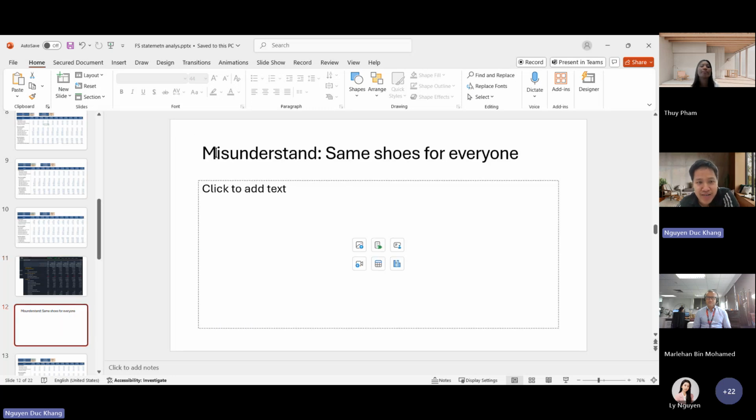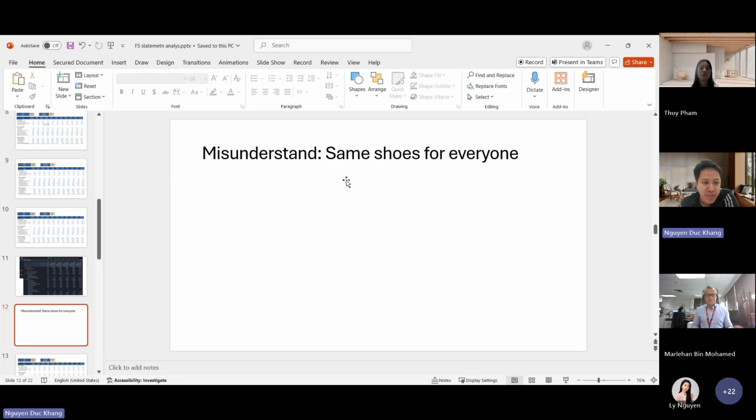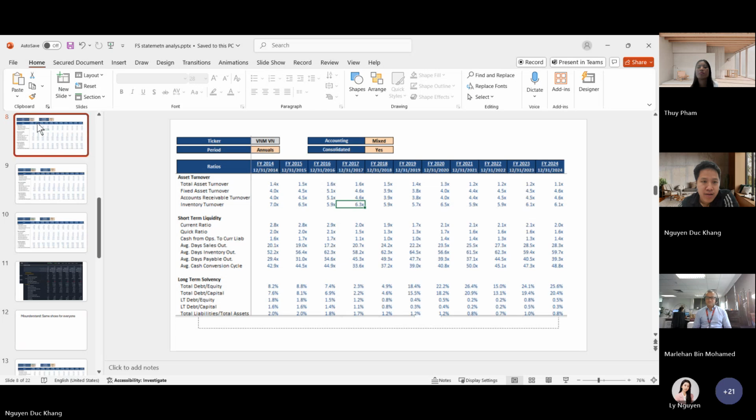The next slide is about the misunderstanding of applying the same shoe to everyone, because each company has unique characteristics depending on its business model and what it does.